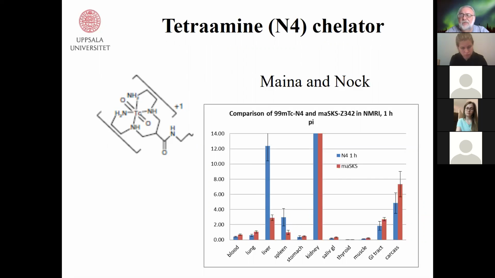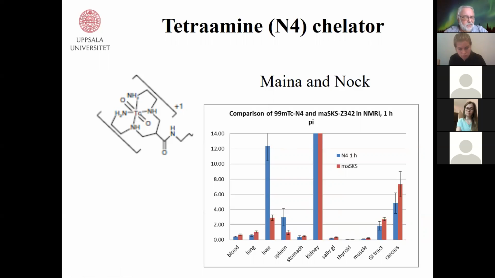And there are two negative factors. So we know that it has a positive charge, and we now know that adding positive charge at the N-terminus of affibody molecules usually is associated with elevated liver uptake.